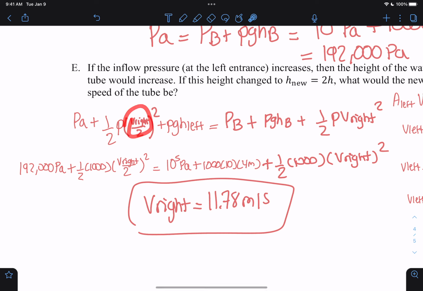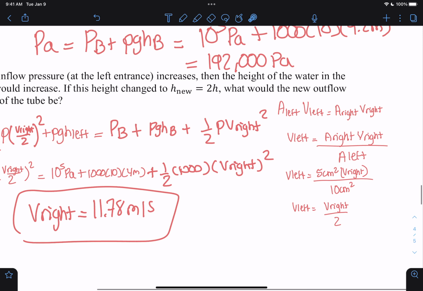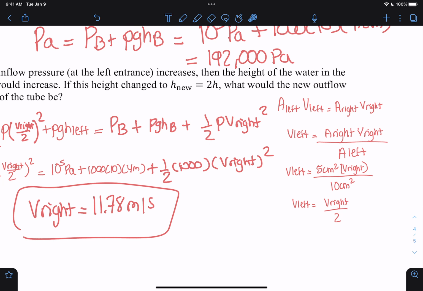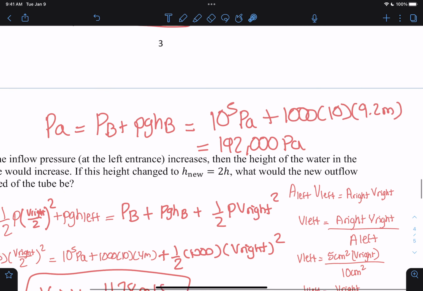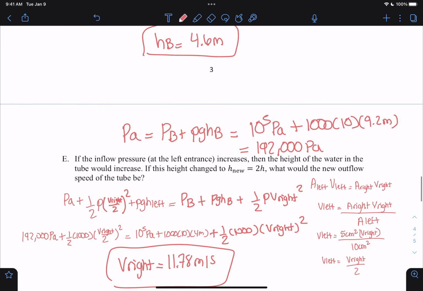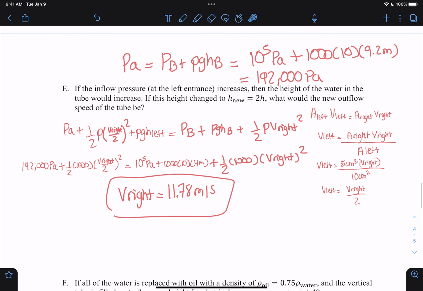How am I supposed to figure out v left? Then you have to go back and think about the relationship between v left and v right. If you can figure out that relationship is constant because of the constant flow, because of the continuity equation, then you can write one velocity in terms of the other, and then have just one variable that you're looking for at the end.